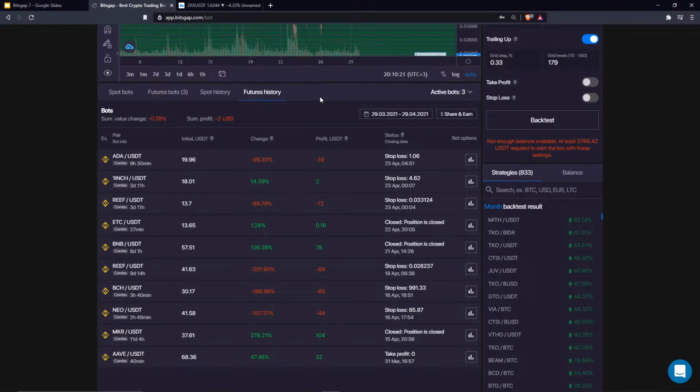It can be that at some point you forgot to set the stop loss, and you will see in the futures history the status like it was forced closed because of the liquidation price, for example.